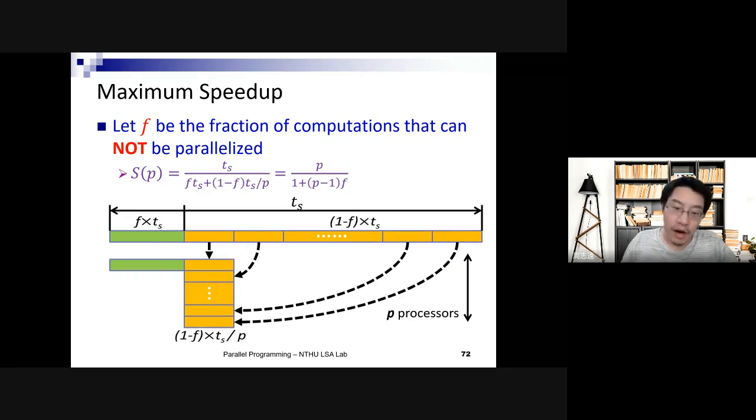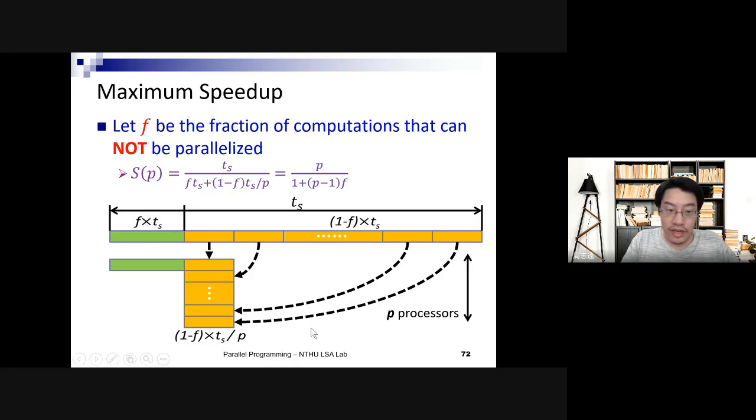And the rest of the program is the code that can be parallelized. So we use F to indicate the fraction of code that cannot be parallelized. Assuming the sequential time is given as a base, we use TS to indicate that.